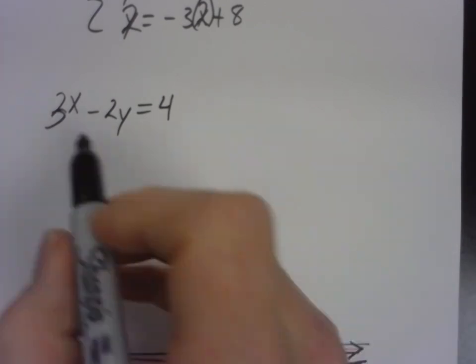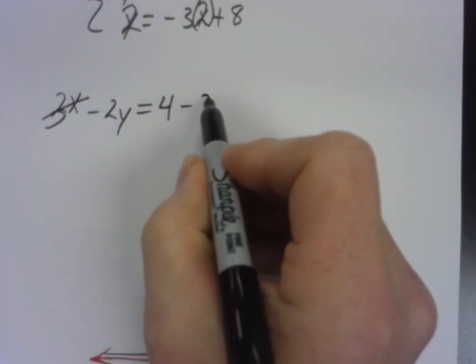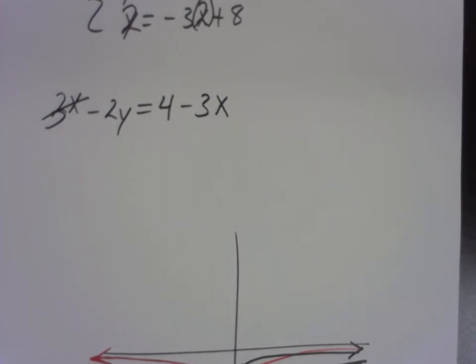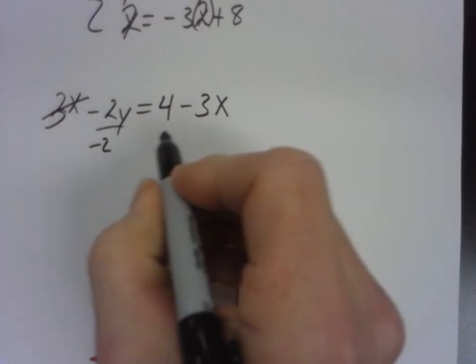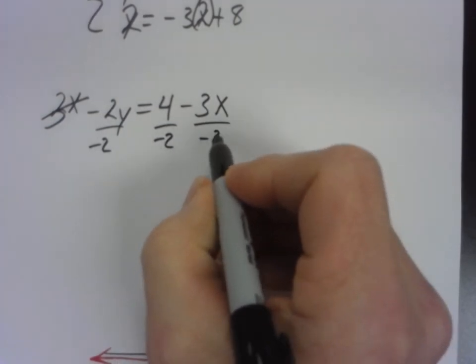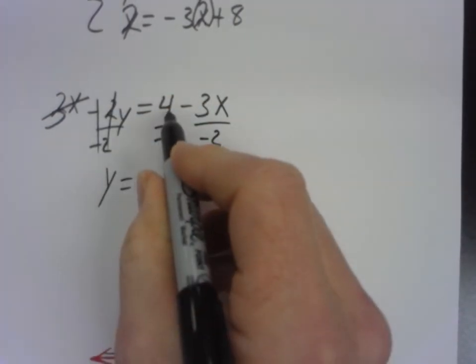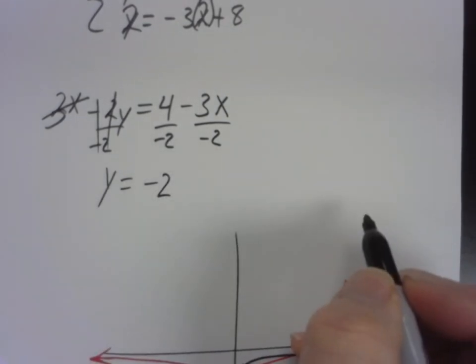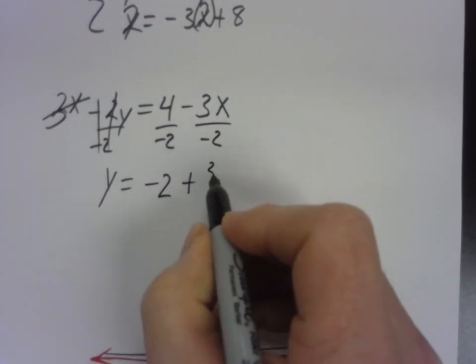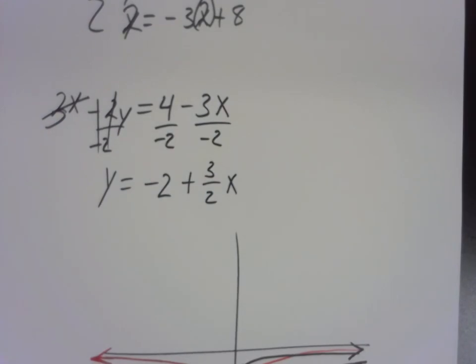Minus 3x. We subtract 3x from both sides of the equation. Then divide by negative 2. Right, we can divide by negative 2. And those will cancel, and y equals negative 2. There's our y-intercept. And then plus 3/2 x.